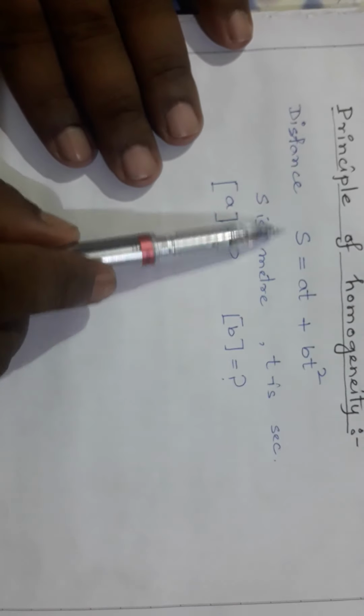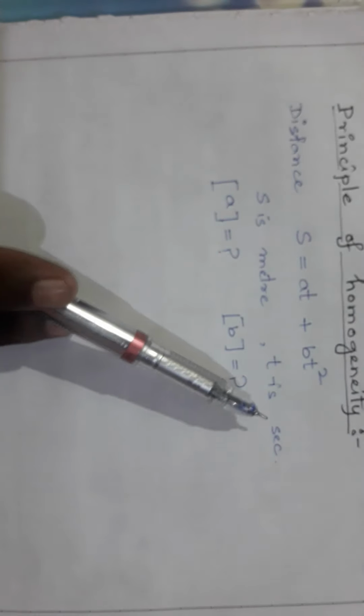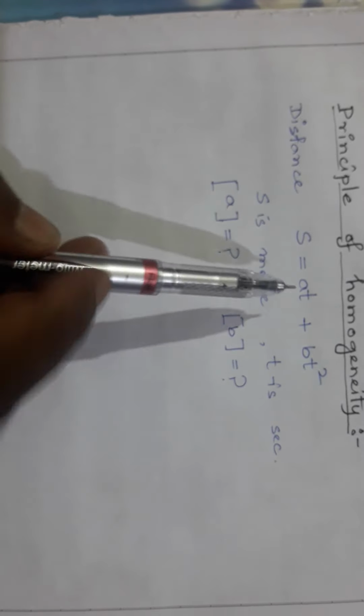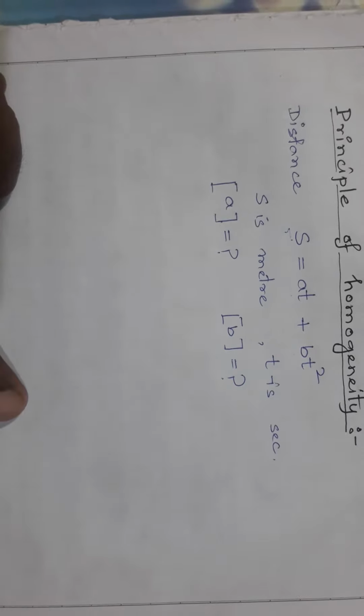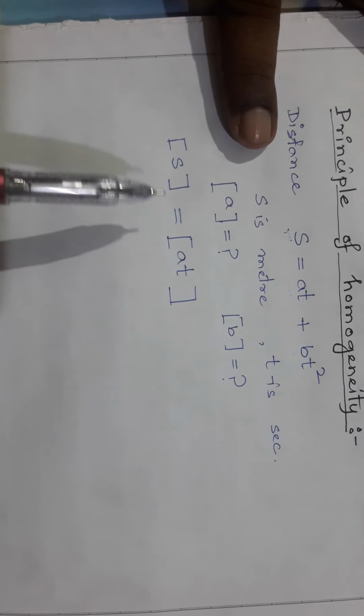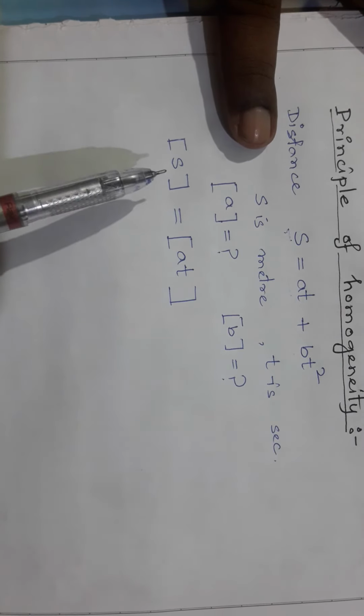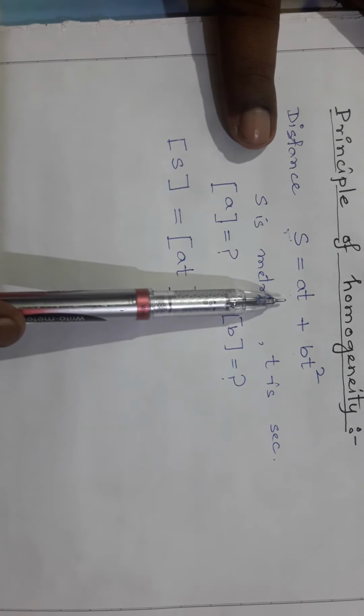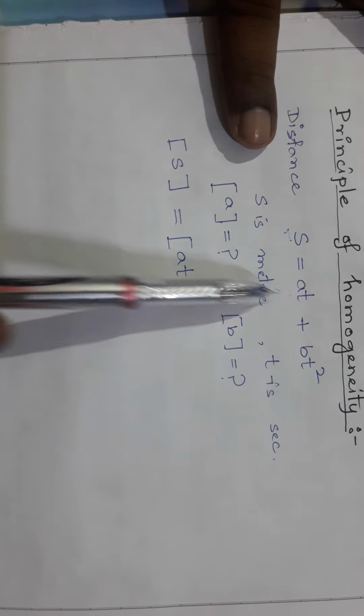Now apply the principle of homogeneity. Here we have considered that the equation is correct. So since the equation is correct, according to the principle of homogeneity, the dimension of these quantities must be the same. This term and this term must be the same. Thus, I can write dimension of s and dimension of at are the same.